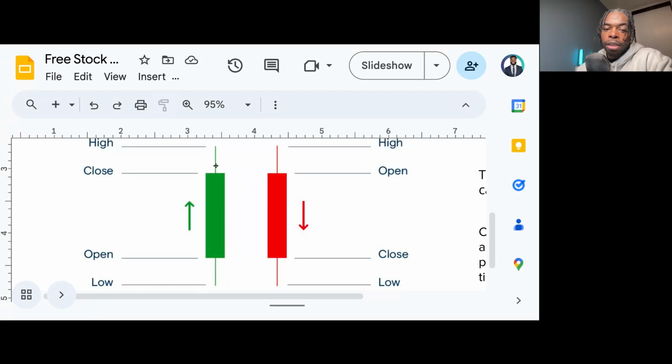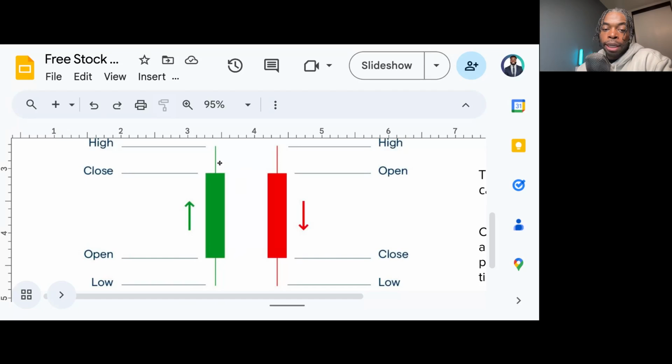When we're forming a top side wick, it means that price was going up and then it got pushed down because sellers stepped in. Some powerful people started selling this stock down to this level. So when you see top side wicks, sellers are stepping in.